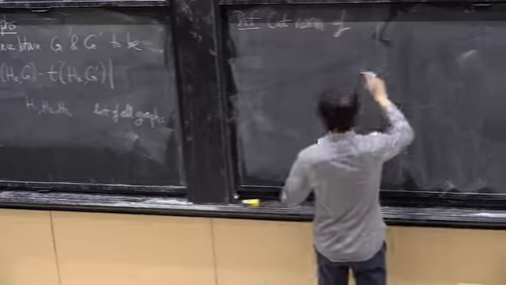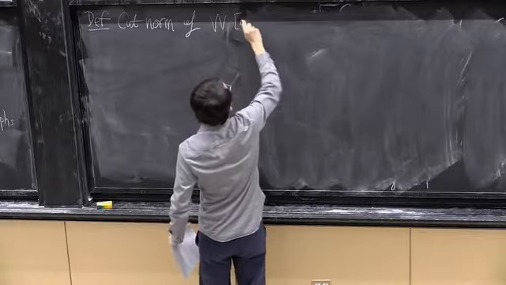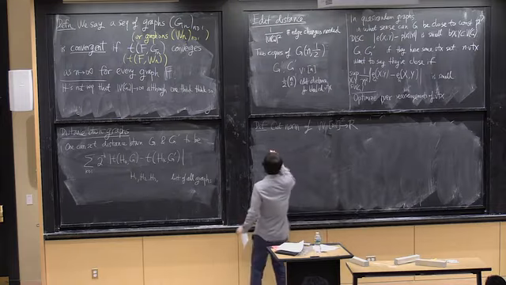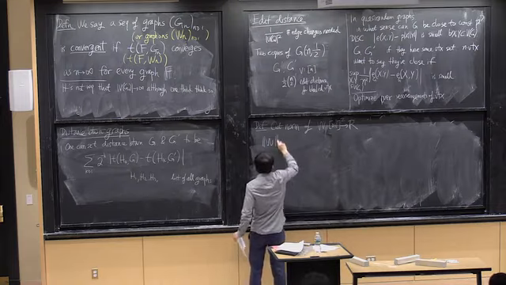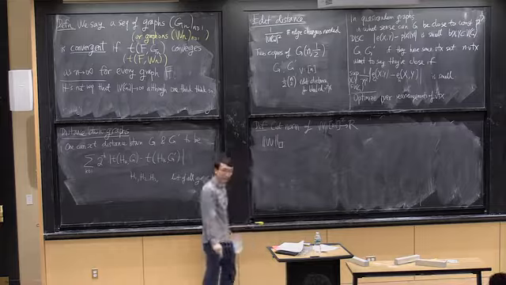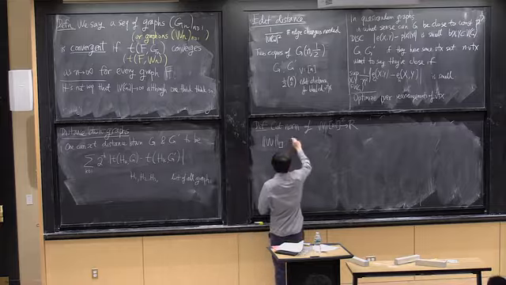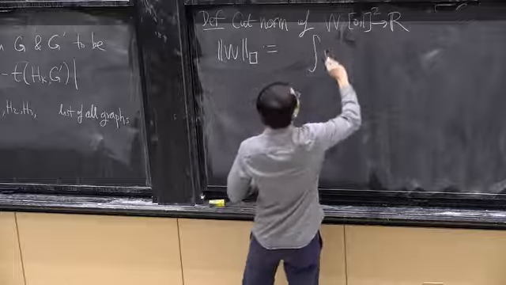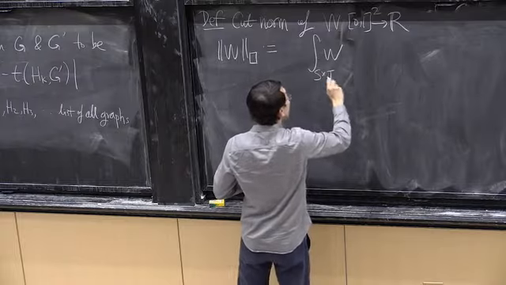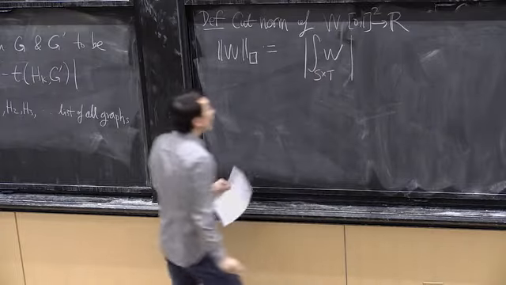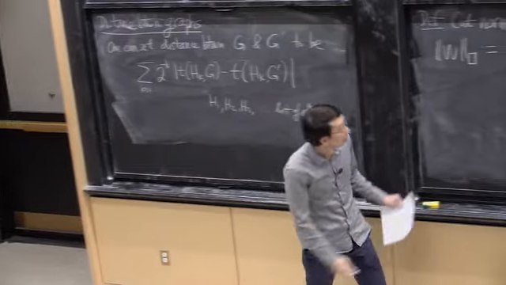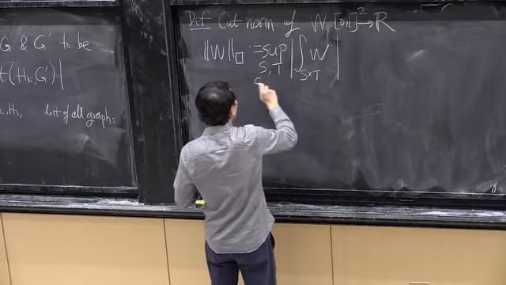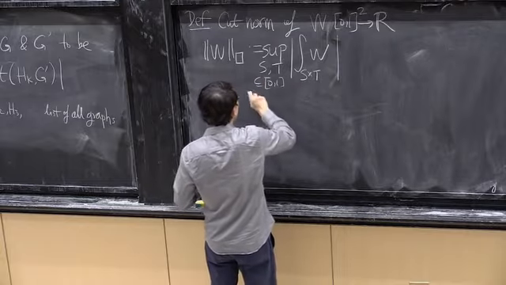The cut norm of W is defined to be the following quantity, denoted by this norm with a box in the subscript: if I look at this W and integrate it over a box, I would like to maximize this quantity over choices of boxes S and T. They are measurable subsets of the interval.